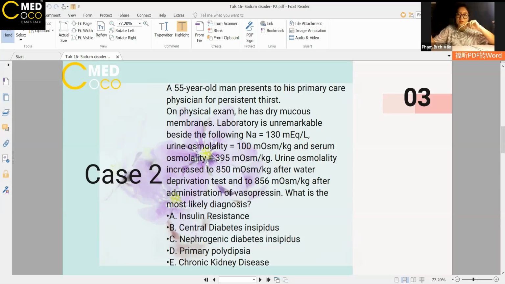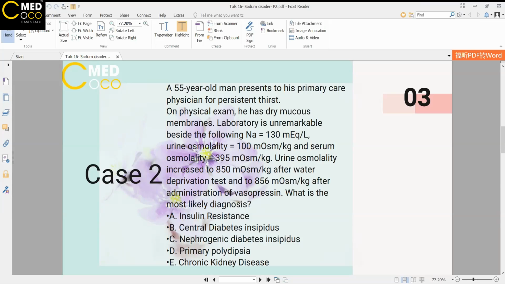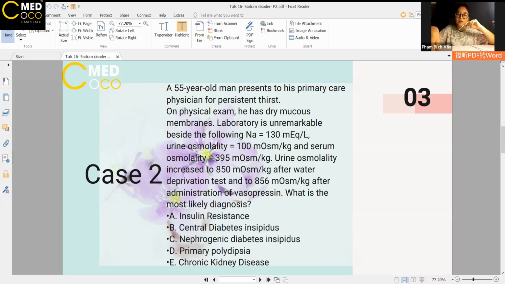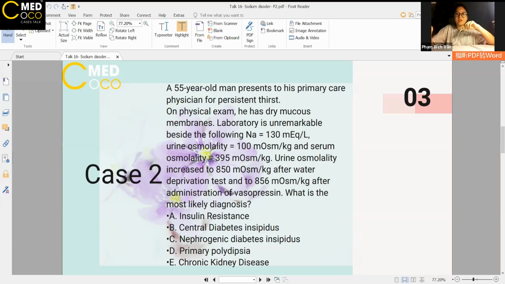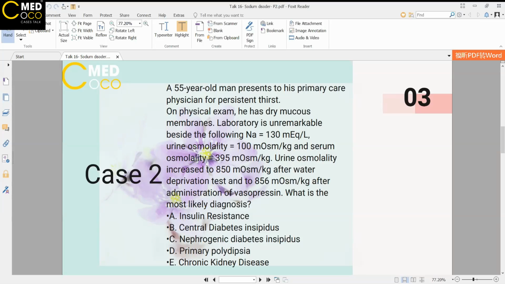The sodium is a bit lower than normal. And the serum osmolarity is higher. And in the water deprivation test, the urine osmolarity is increased after doing the test.